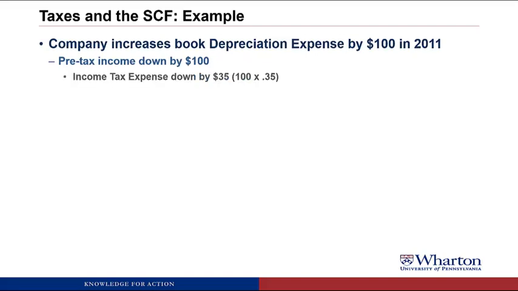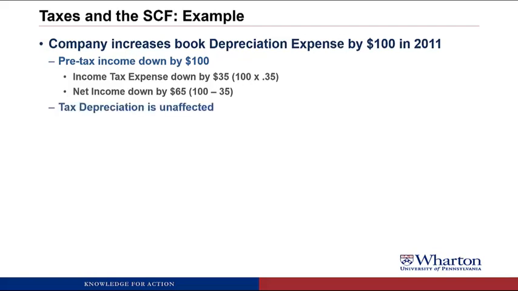That'll mean that income tax expense goes down by 35 because if pre-tax income goes down by 100, income tax expense goes down by 35% of that. And net income will go down by $65. So that's the $100 pre-tax income reduction minus a $35 reduction in income tax expense. Net income only goes down by 65.